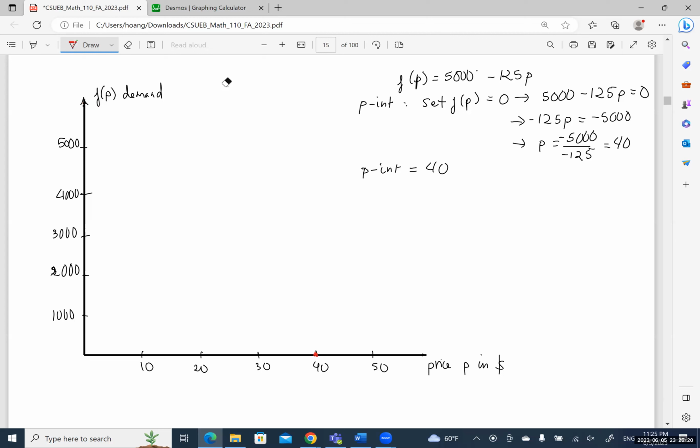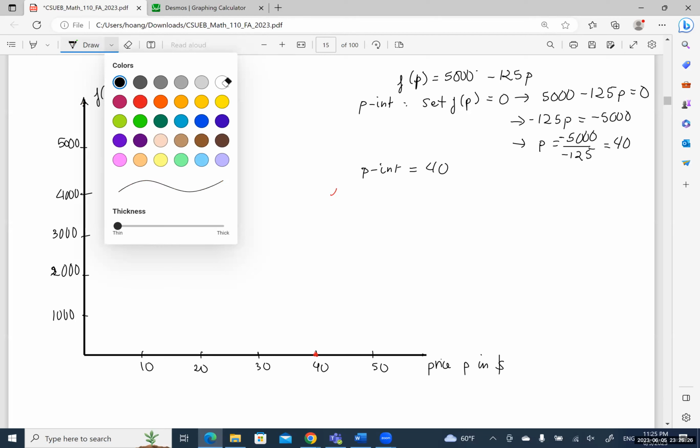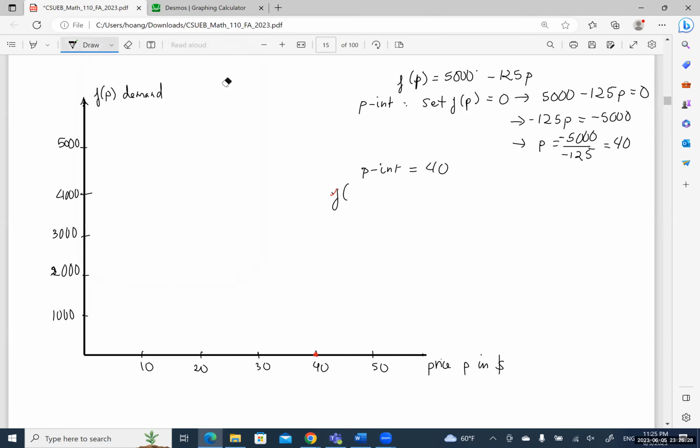What about if I want to find f of the p-intercept? You're going to set p equals 0.